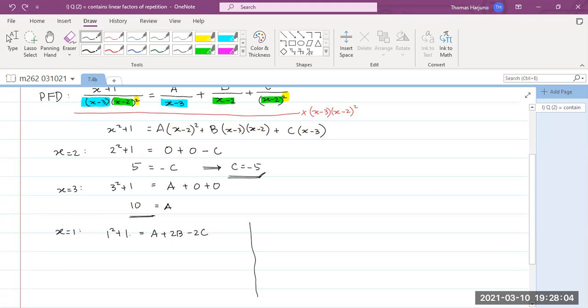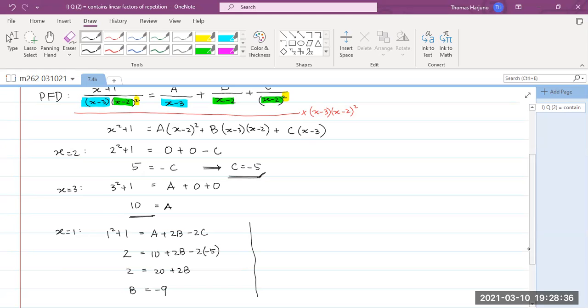The left-hand side is 2. On the right-hand side, A is 10, B is unknown, C is negative 5. So 2 equals 20 plus 2B, which, why all of a sudden do I feel something is not right? Anyway, negative 18, so B equals negative 9.